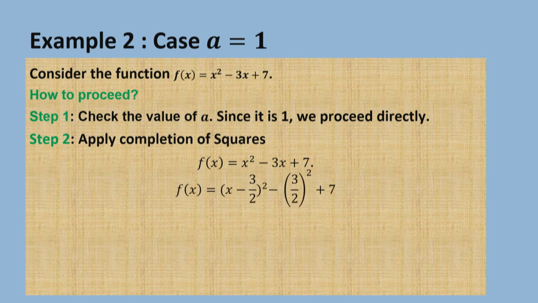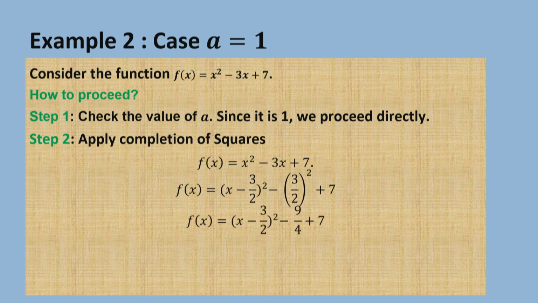So f of x will be bracket x minus 3 over 2. You close the bracket, you square it, and you subtract this value, that is 3 over 2, to the square. You don't put the negative. And then plus the constant, which is 7.